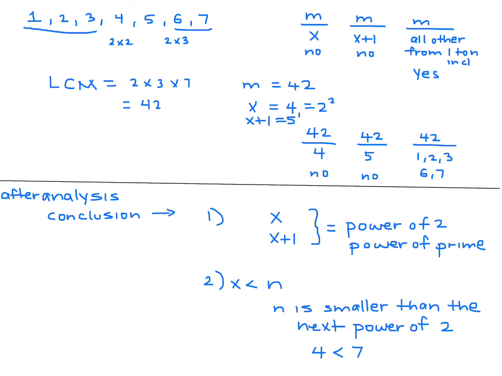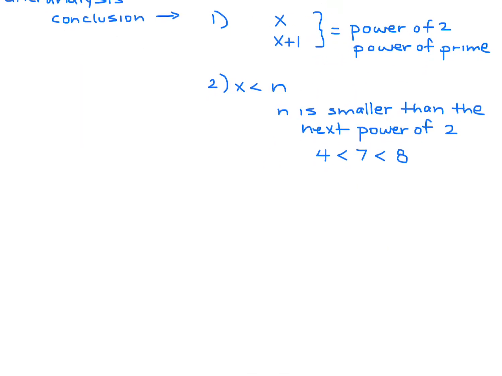And obviously n is smaller than the next power of 2. The next power of 2 would be 2 to the power of 3, since that was 2 to the power of 2, and 2 to the power of 3 is 8. So this inequality must hold true. These are the 2 rules that we need to abide by to solve this question.